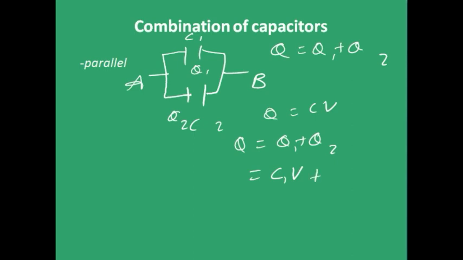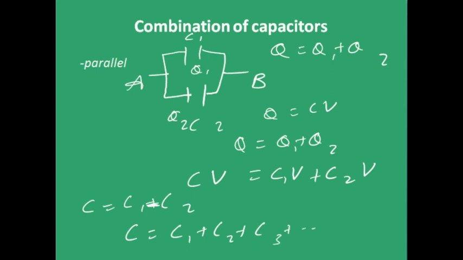Okay, then Q2 will be C2 V, and my net charge is also CV, where C is my effective capacitance. So if I cancel this V terms, I can write C is equal to C1 plus C2. It is just the algebraic sum. When I have n capacitors, the net capacitance will be C1 plus C2 plus C3 till Cn.